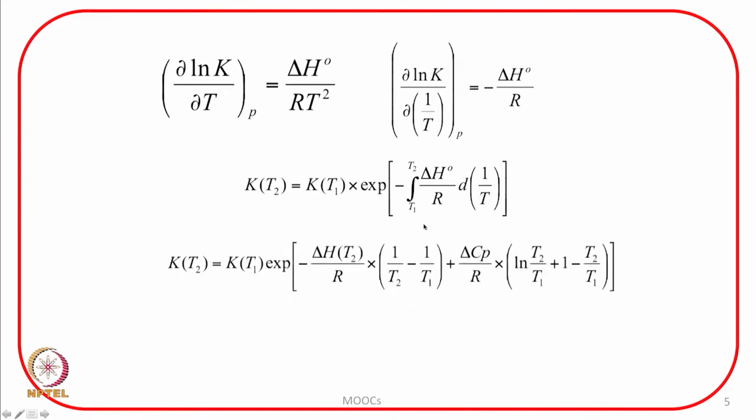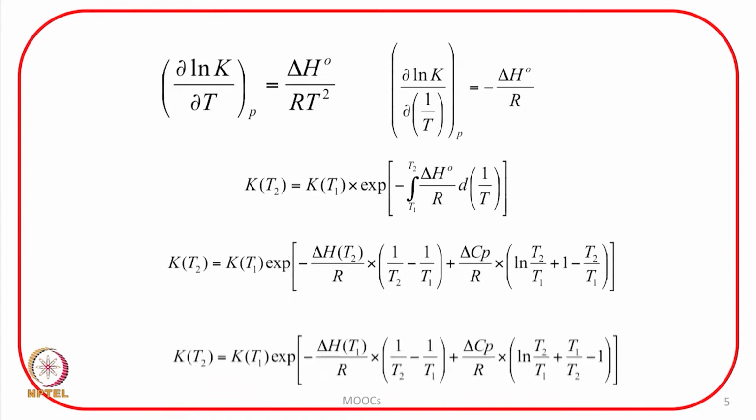And then it is possible to arrive at these two equations, where we express the temperature dependence of the values of K. I will just explain one of these and the other you can try yourself.